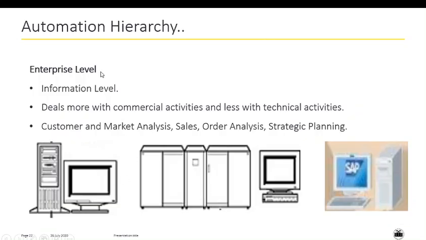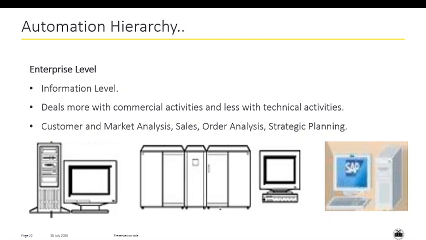And the last level is the enterprise level. This level works based on the information gathered from all four levels, so it is also called the information level. Very valuable information regarding your product and plant is stored here. This level mostly deals with commercial activities, with the customer, and less with technical activities.